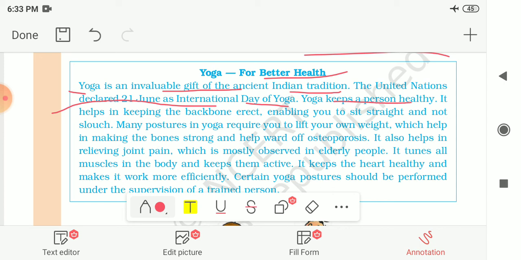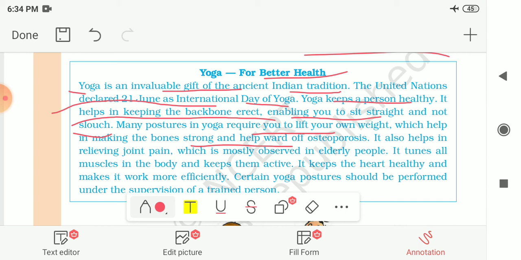It keeps us healthy. It helps in keeping the backbone erect, that means straight, enabling you to sit straight and not slouch. Slouch means sitting in a lazy manner. Many postures in yoga require you to lift your own weight, which helps in making the bones strong and helps ward off osteoporosis.